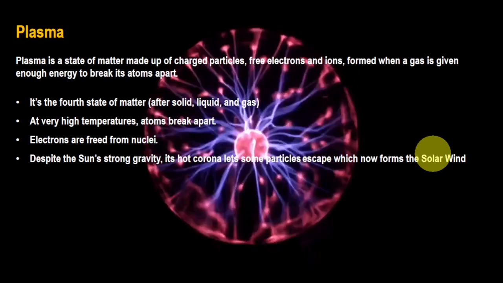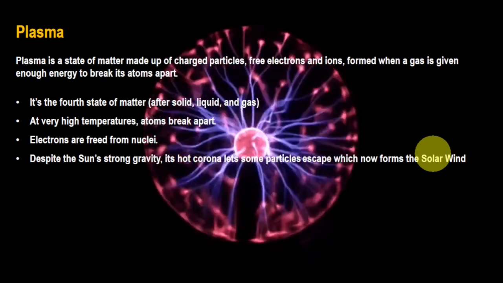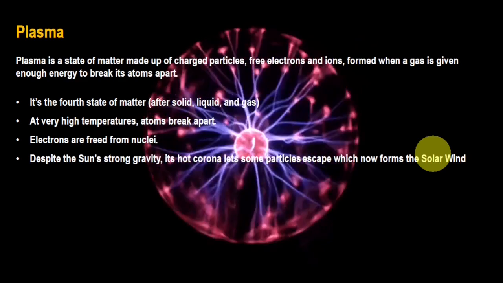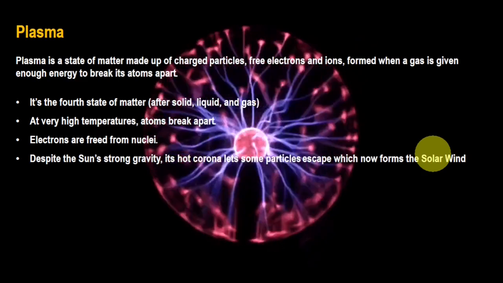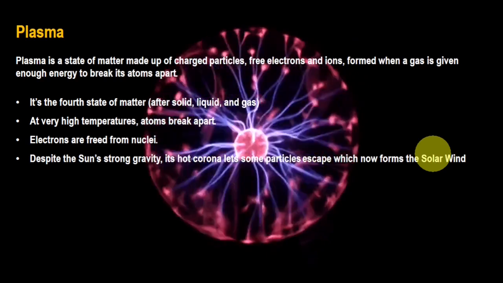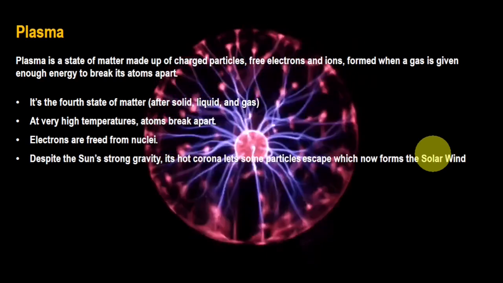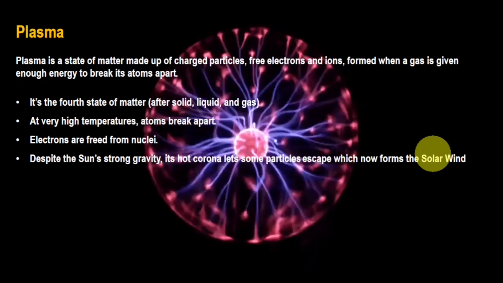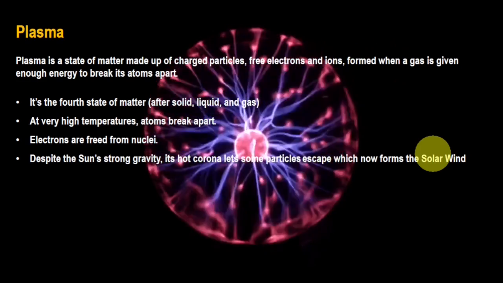That is the process of breaking the atom apart. So you can see that plasma is the fourth state of matter after solid, liquid, and gas, right? And it occurs at very high temperatures, the kind of high temperatures that only the stars can provide.